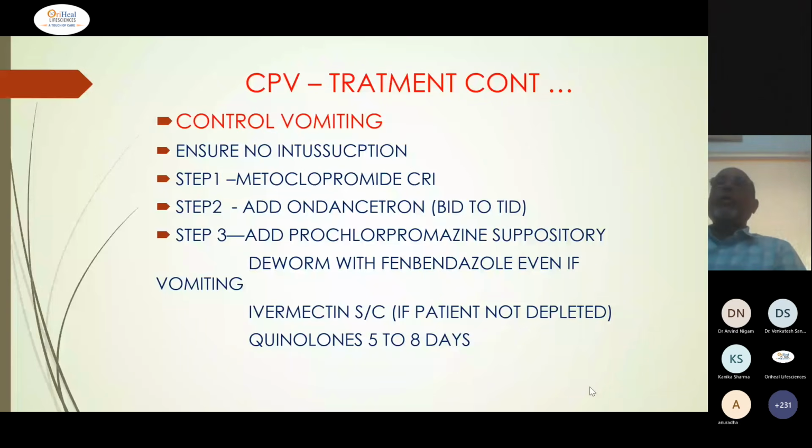Control vomiting, and you have to ensure there is no intussusception. All these cases of parvoviral gastroenteritis can sometimes go in for intussusception because there's going to be a painful intestinal mucosa.